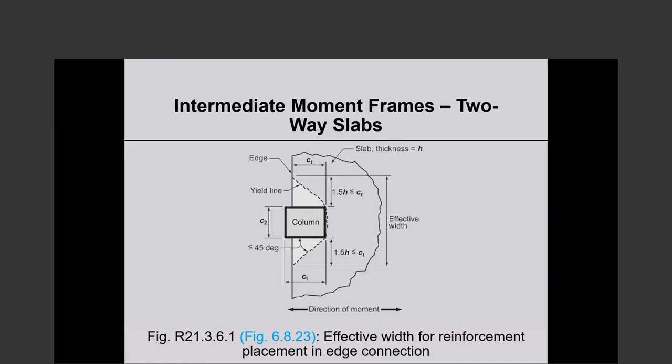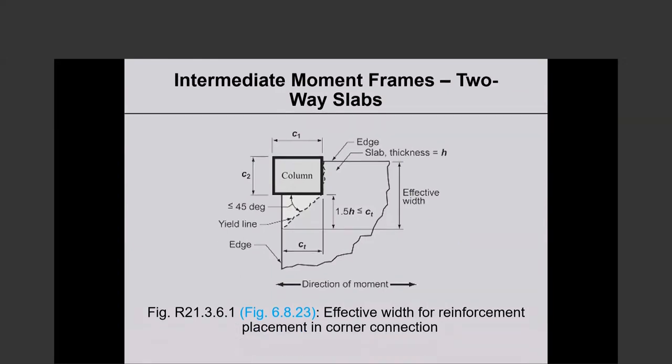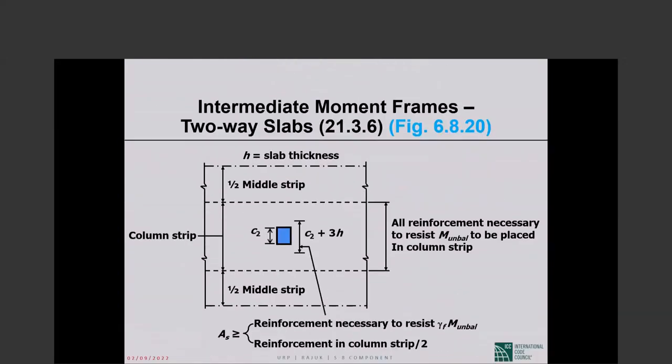Anyway, C sub t is pretty graphically shown here. Now, if it is an edge column, then it is not 1.5 times h on either side. It is on one side only. So the effective width of the slab for an edge column is illustrated in this picture. I don't think I can improve on this very graphic picture.